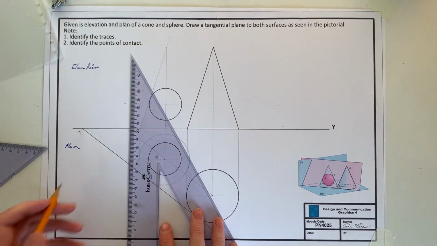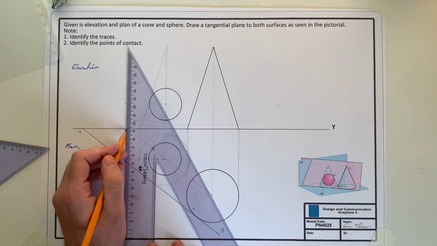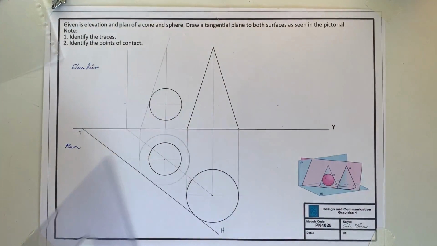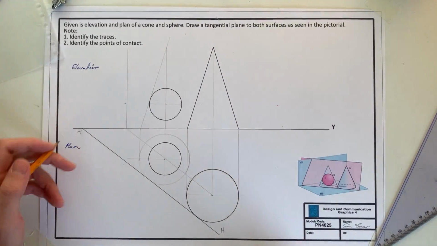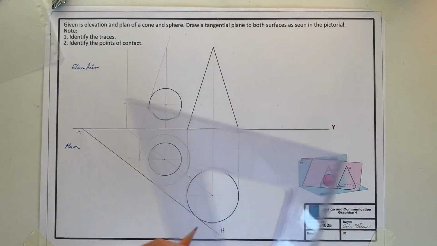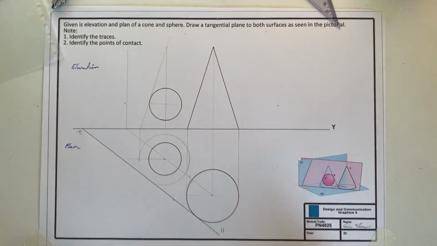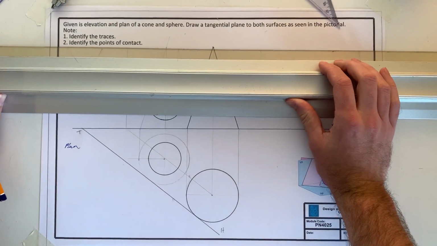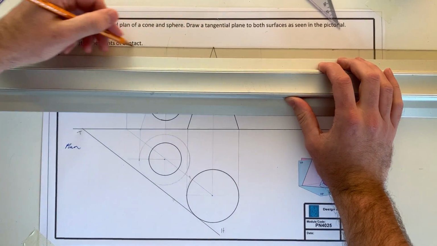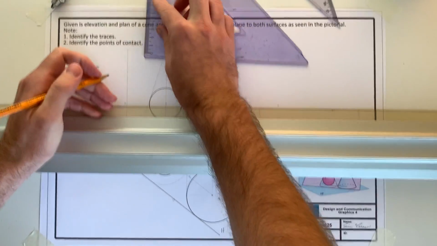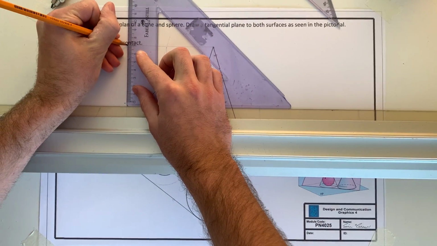Then I have to take that perpendicularly up from the XY line straight up, and then take the apex of my cone across to that, and extend this line over a small bit.